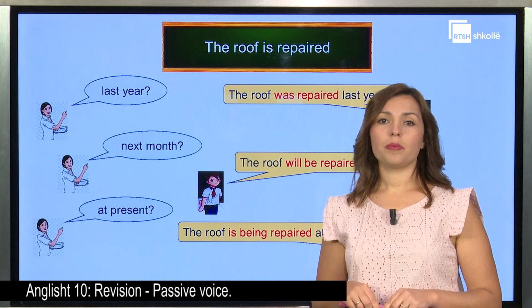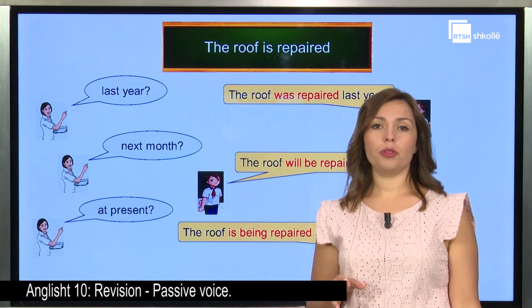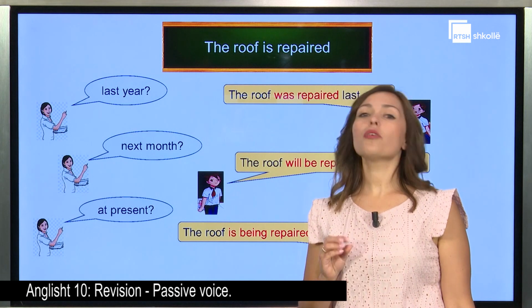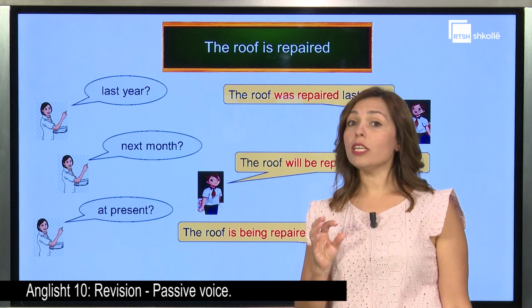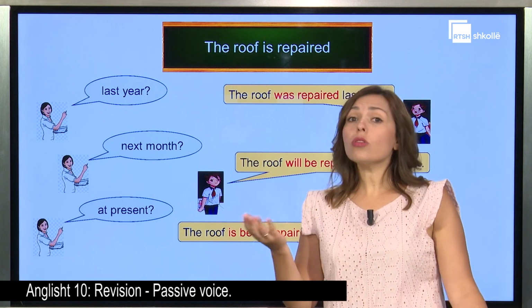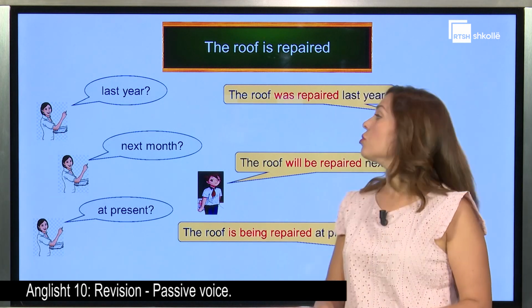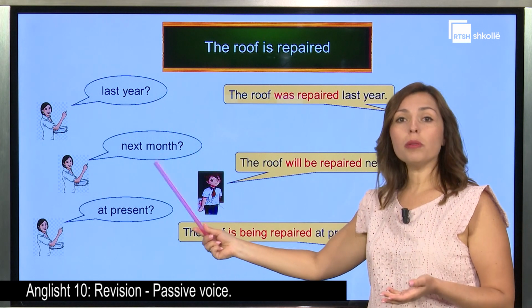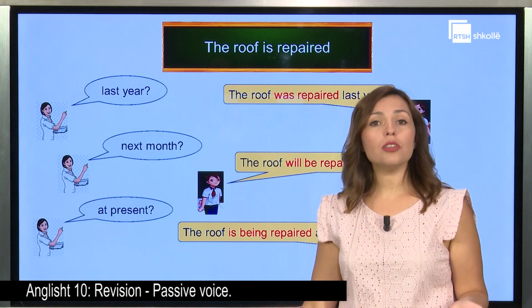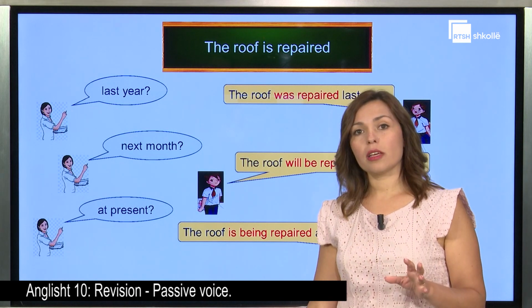So, to conclude, in order for us to create a passive form, we need to think, first of all, what tense are we going to use? A past simple tense, a future simple tense, a present continuous tense, the first thing.